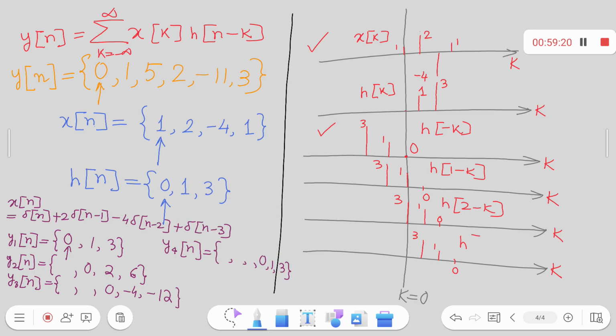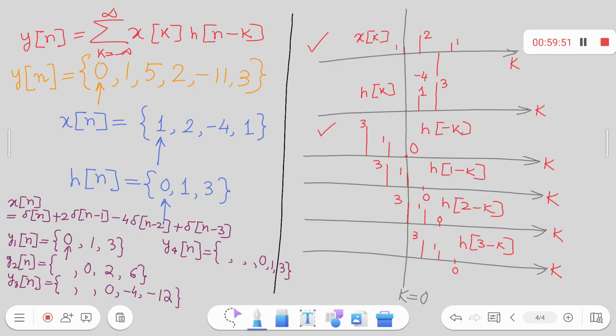We call it h of 3 minus k. Now it is between sample 1, 2 and 3. Right? k equal to 1, k equal to 2, k equal to 3. So for k equal to 1, 2 multiplied with 3, that is 6. And for k equal to 2, this is minus 4 multiplied with 1, that is minus 4. 6 minus 4 is equal to 2.